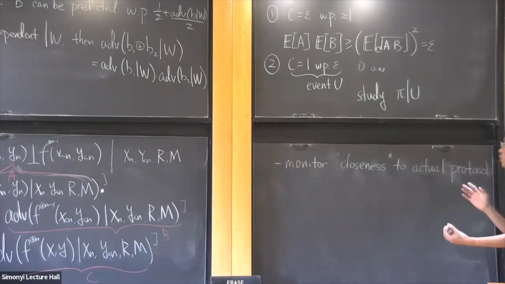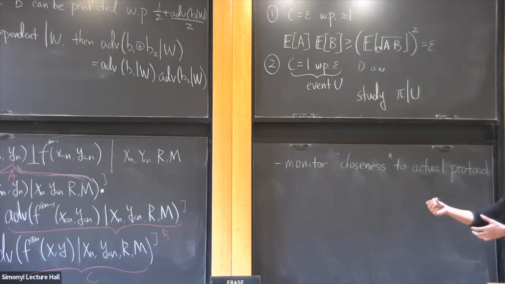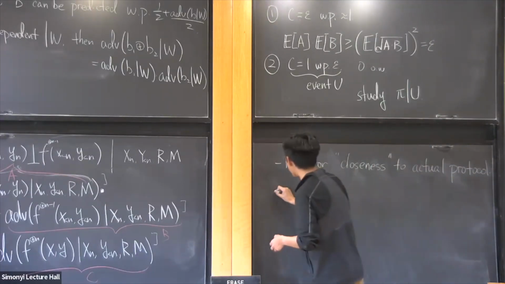And eventually we may get some distribution that is very close to an actual protocol for function f, and then we can show that it can be turned into an actual protocol without increasing the error or cost by too much. Okay, so this is one thing.